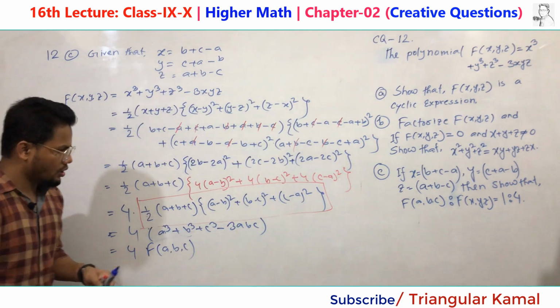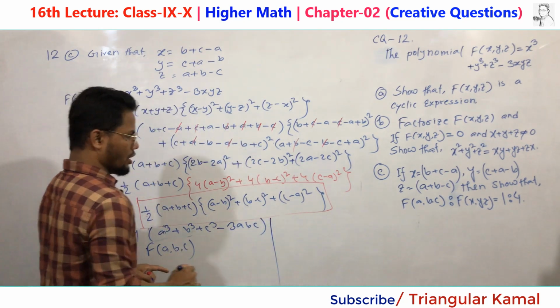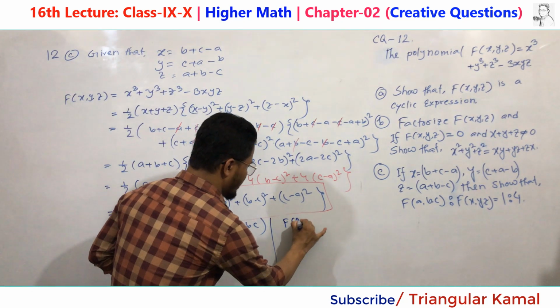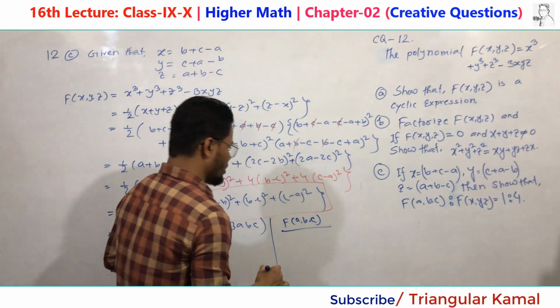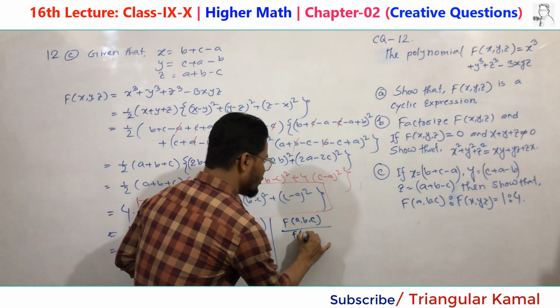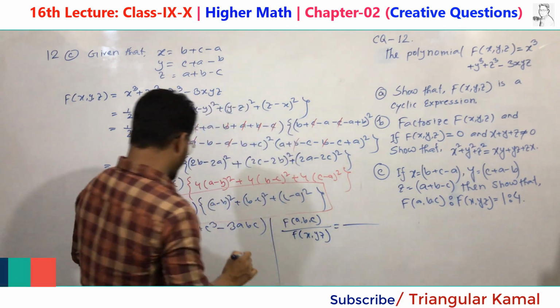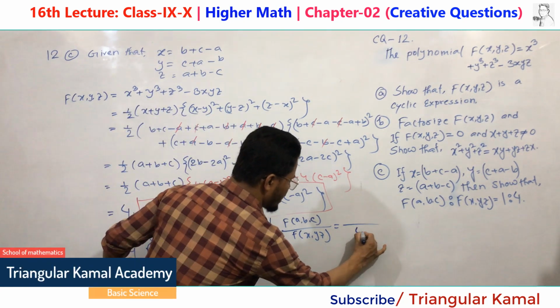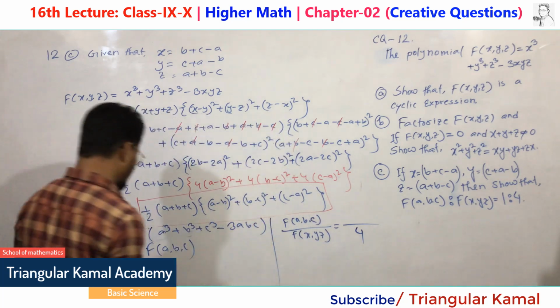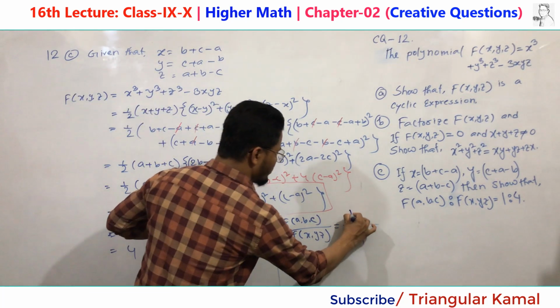First we can do this one as a fraction, then we will do cross multiplication. So now f of a, b, c divided by f of x, y, z equals to 4, if we do cross multiplication. F of x, y, z is invisible 1 times.